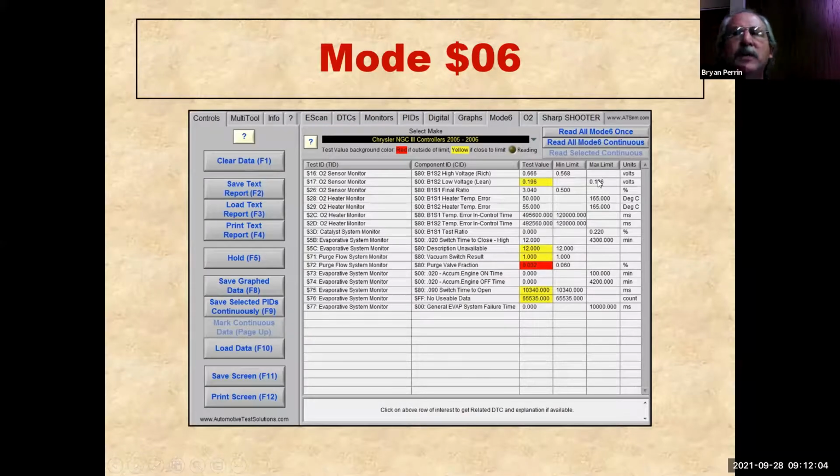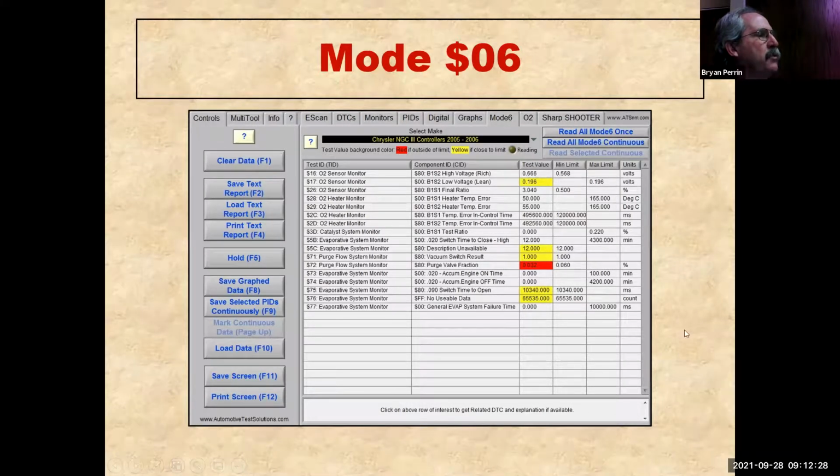It should be underneath that number. So the sensor definitely on the last test had a hard time reading lean. And we know if I'm doing a test with a lab scope, I'd want to be under 175 millivolts. The threshold here for testing is 196 millivolts, and that's as low as it could get it to go. The rich side, it was okay on. So I got something maybe pointing.